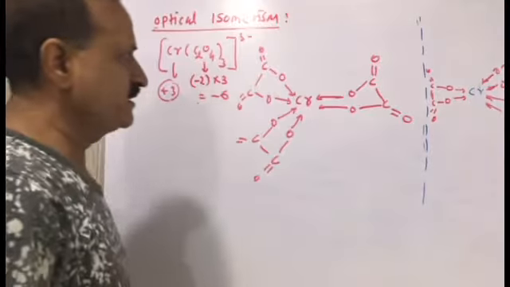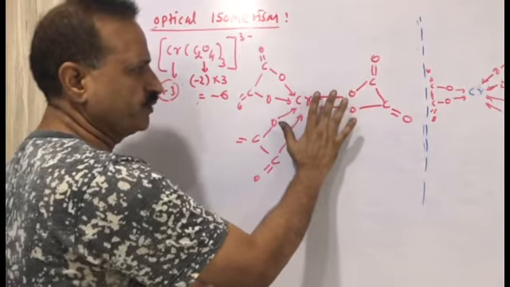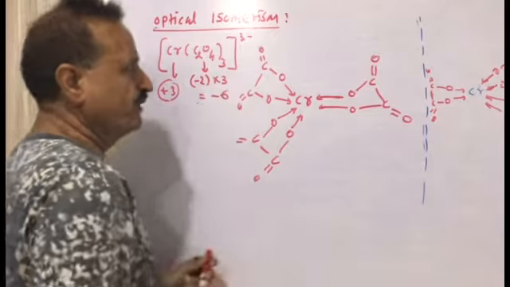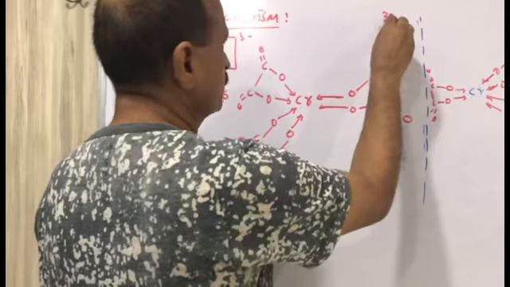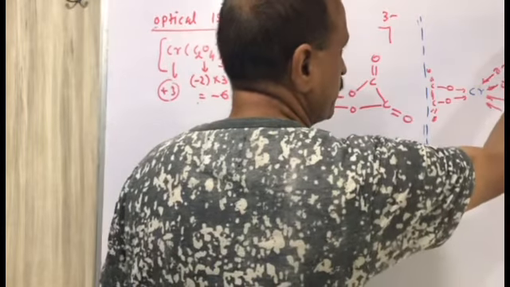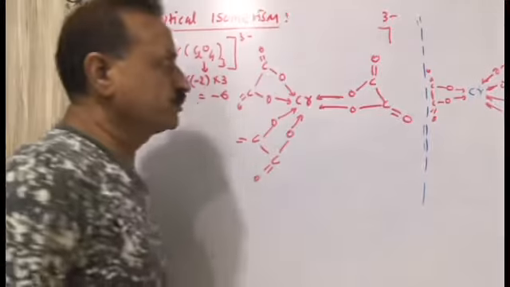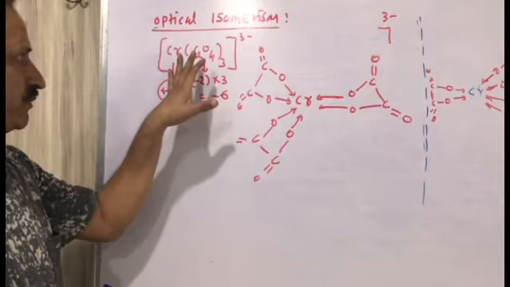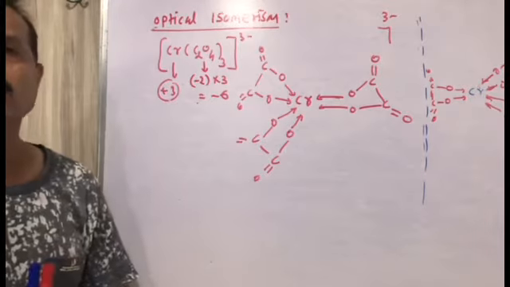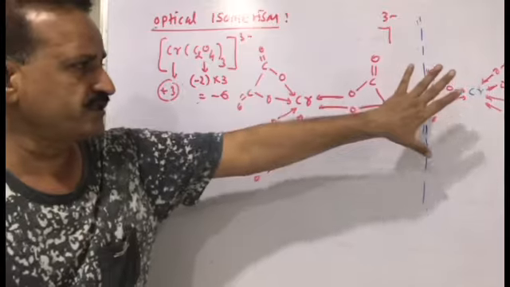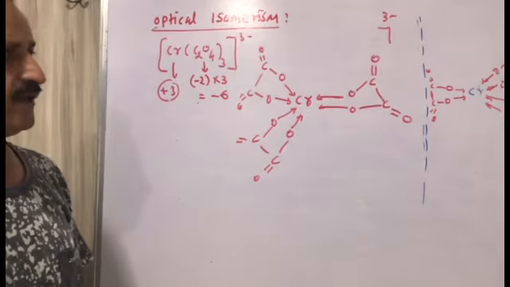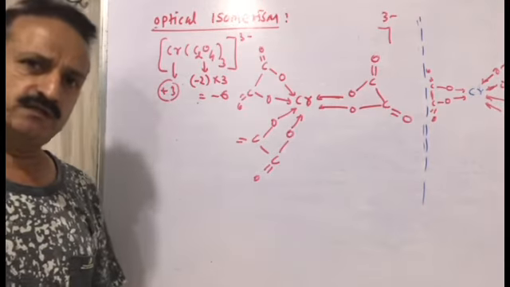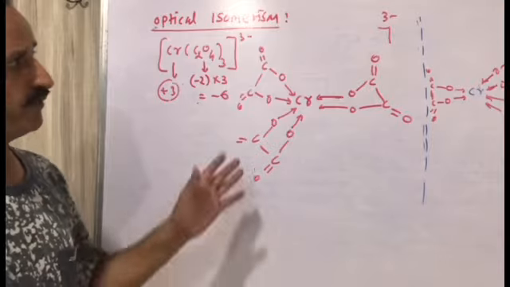You can see that this is the mirror image of this one and it cannot be superimposed on it. We put it in a square bracket with the charge 3 minus. So this is the trioxalatochromate(III) ion and this is its mirror image, and you can clearly understand that the images are not superimposed on each other. Now we have completed one example.